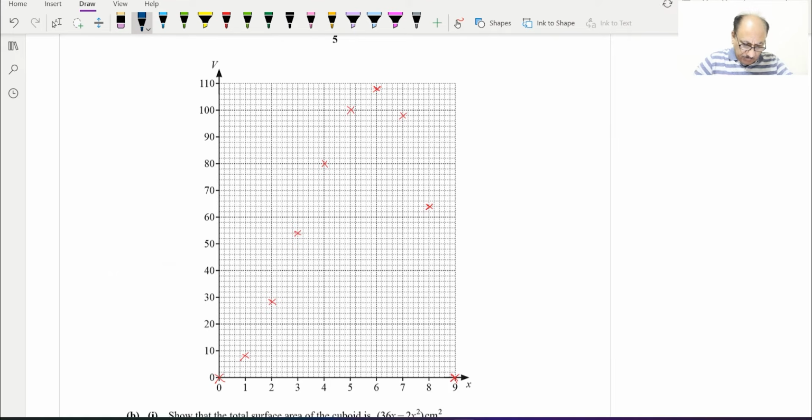Now we can draw the graph, and to draw the graph we can start, for example, from here, and this one, and this smooth curve we are trying to draw as smooth as possible.